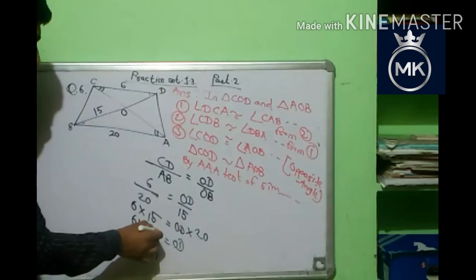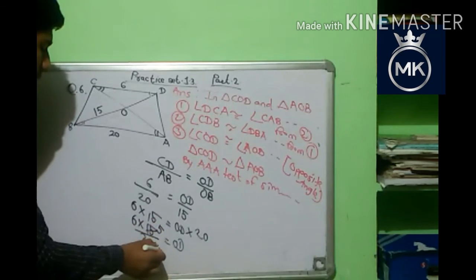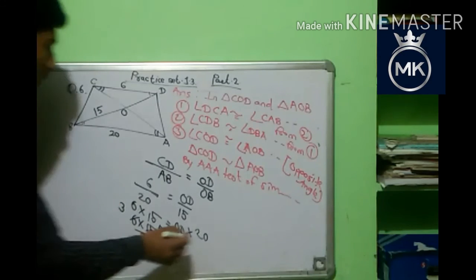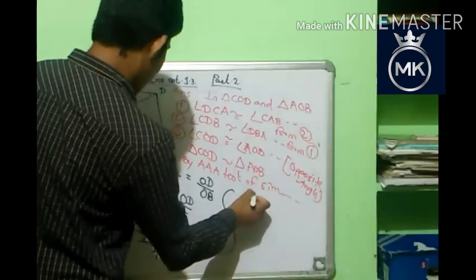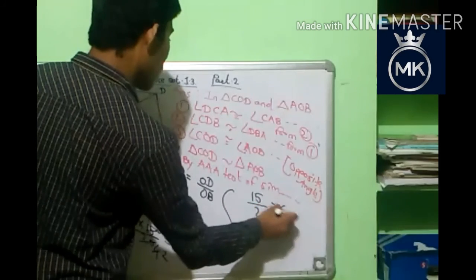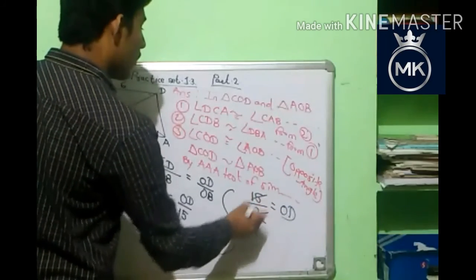5 4s are 20, 5 5s are 25, 2 2s are 4, 2 3s are 6. Then 5 3s are 15 by 2 is equal to OD.